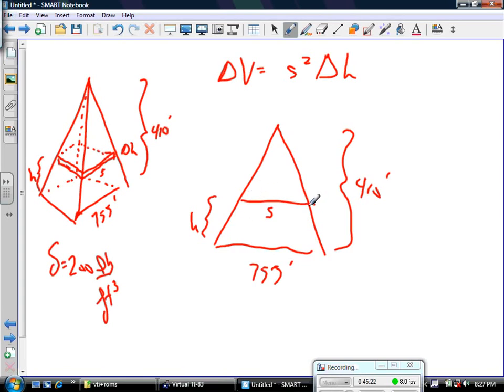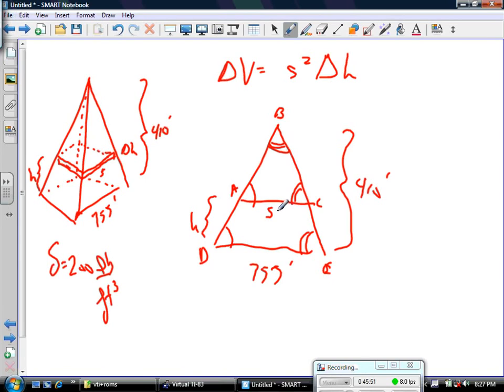If this is parallel to this, then this transversal makes corresponding angles congruent. This transversal makes corresponding angles congruent. And they overlap on this angle. So both triangles, let's say triangle ABC and triangle DBE have to be similar. So the sides are in proportion.